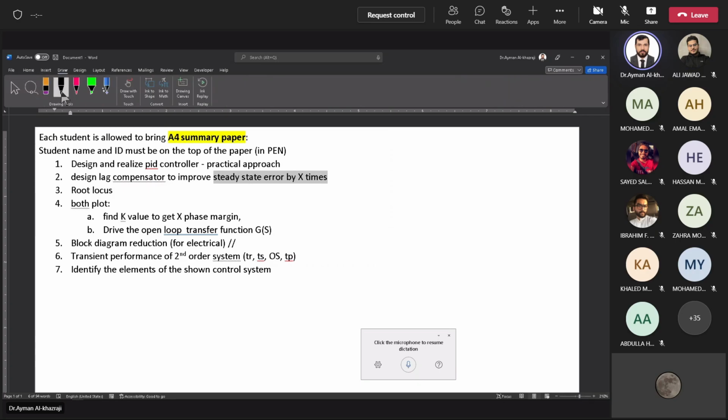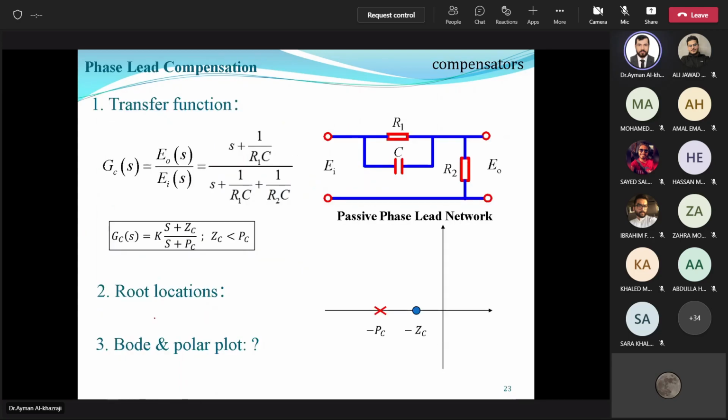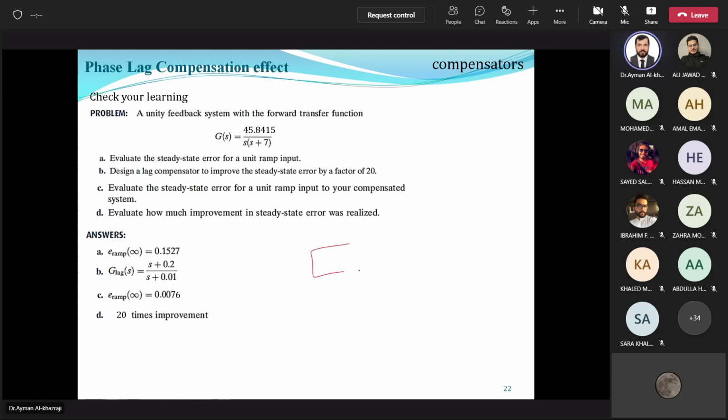Let's go back to the same question. You have in your system a compensator. This is the lag. And you have your system.